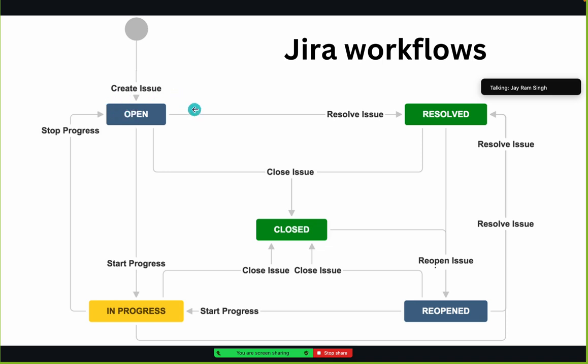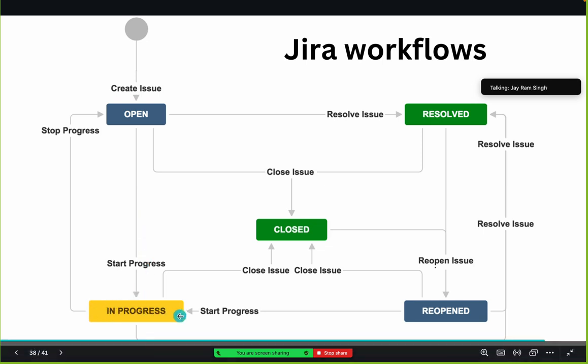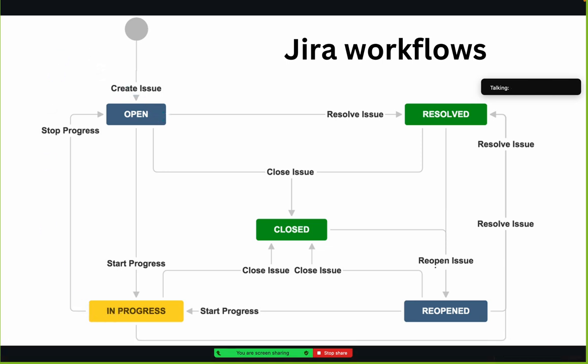Once that sprint is started, that issue is in to do. So that is open or the to do equivalent. Then start the progress, and the status is in progress. Now from in progress, I can change this to to do or open.